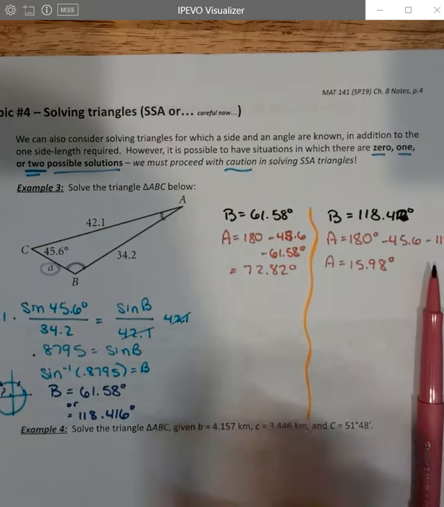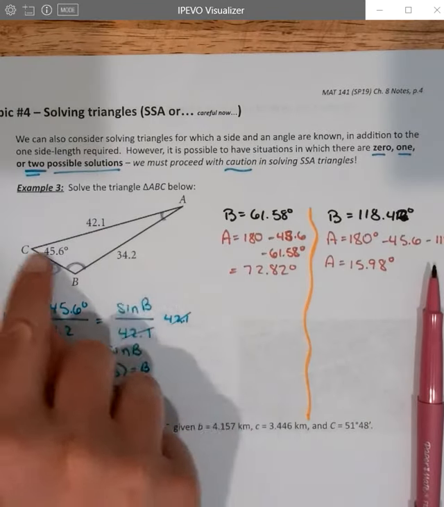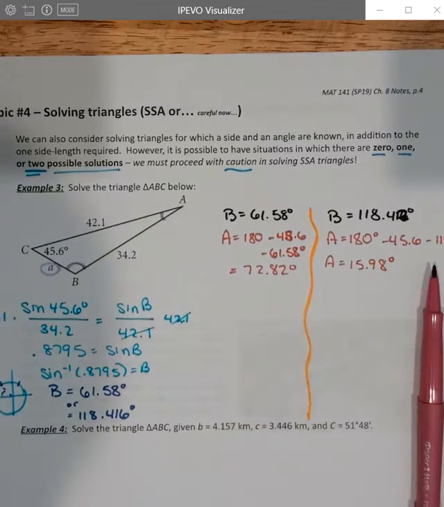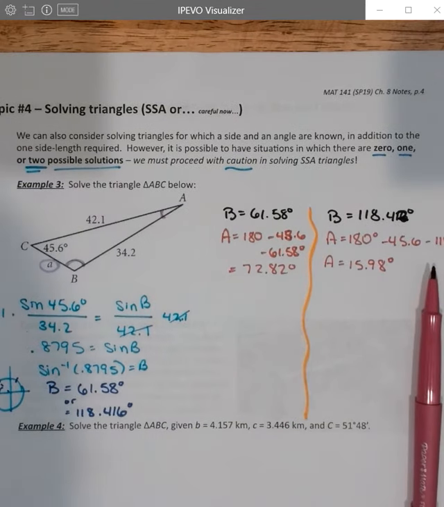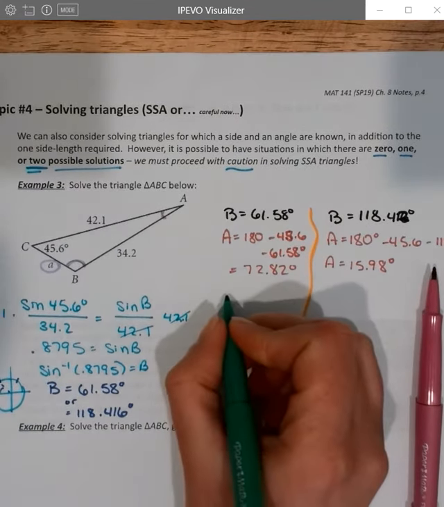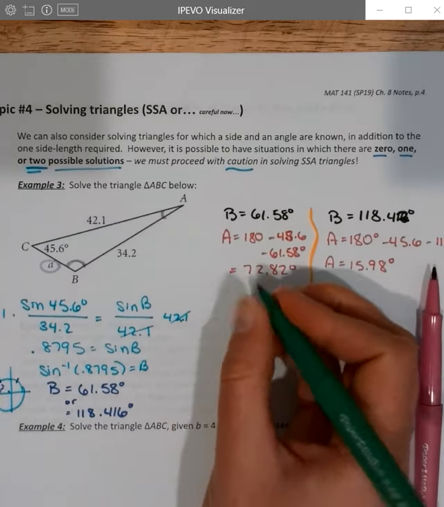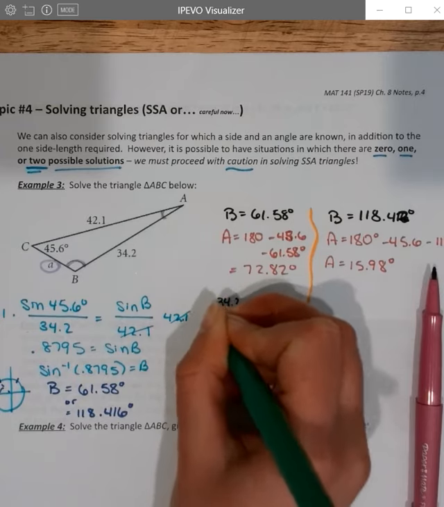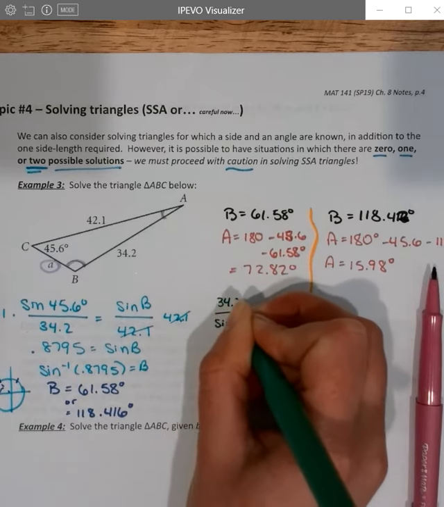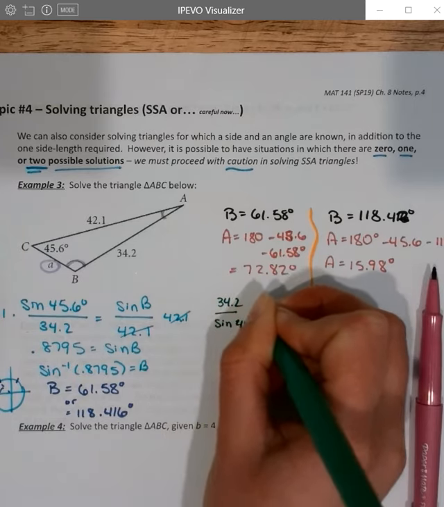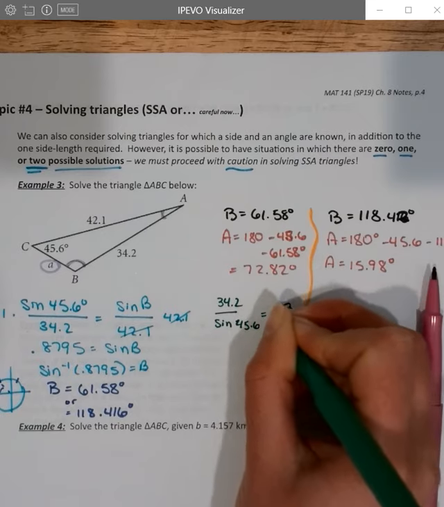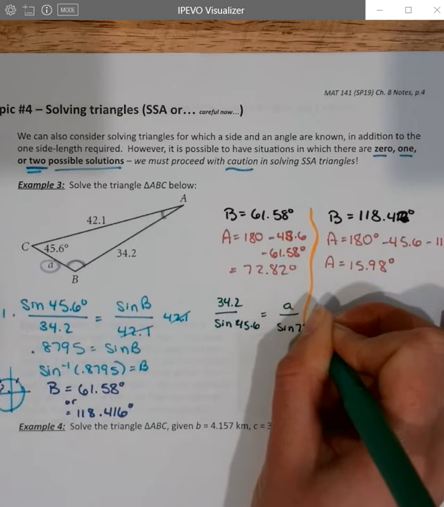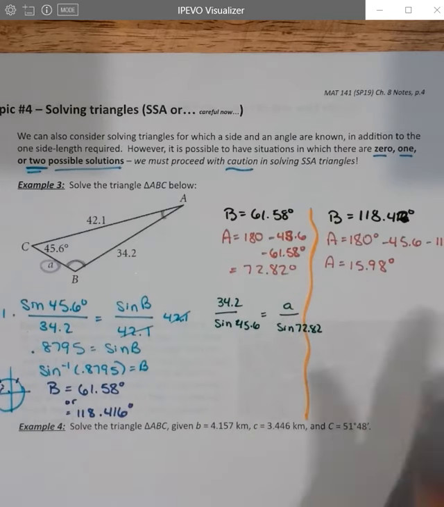Okay, so we're going to use the known ratio that we had along with the new angle for A. So in the first one, we would set up something, we're looking for a side, so we're going to put the sides on top. So we'll have 34.2 over sine of 45.6 equals little a over sine 72.82, because that's our angle A in this case.